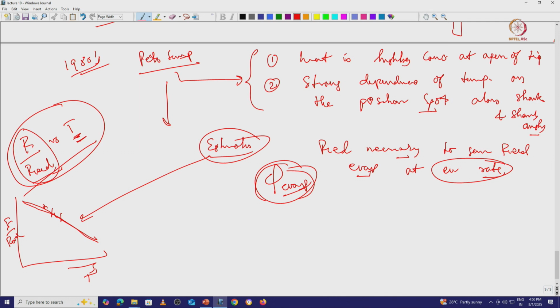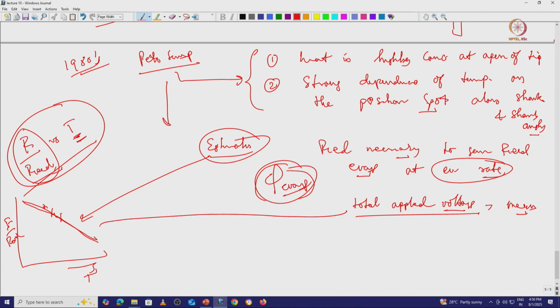So now in the experiment, what we can do is, during the laser experiment, we measure the total applied voltage, and this value is used with the calibration curve to estimate the actual specimen temperature.